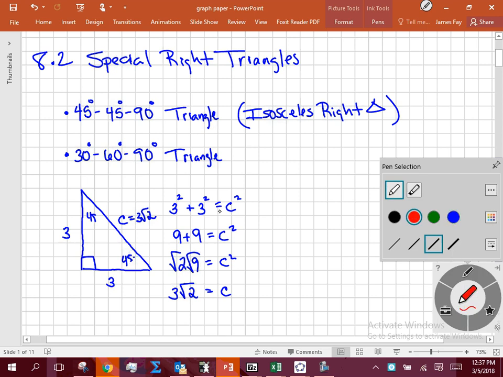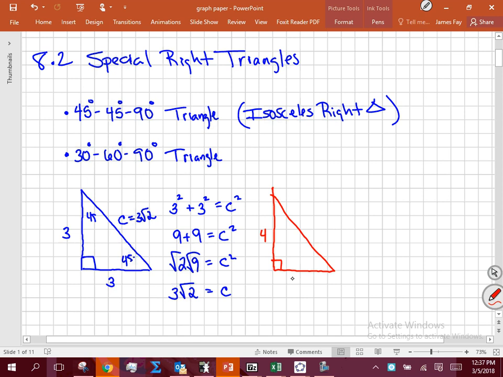Let's say I have a right triangle, still 45, 45, 90, and this is 4 and 4. Let's find C. We would go 4 squared plus 4 squared equals C squared. What's 4 squared? 16.